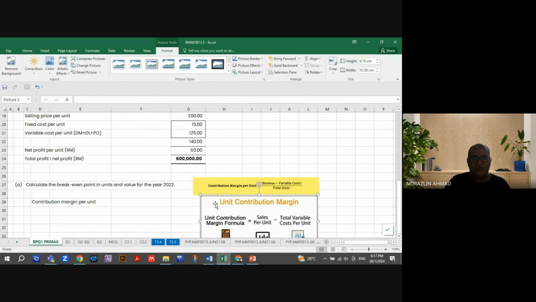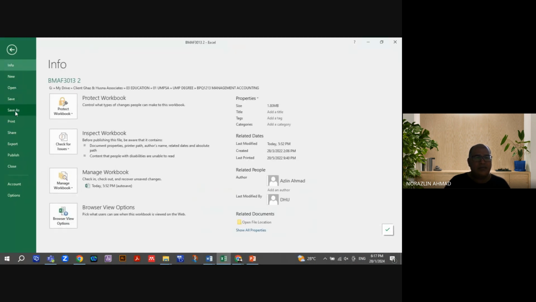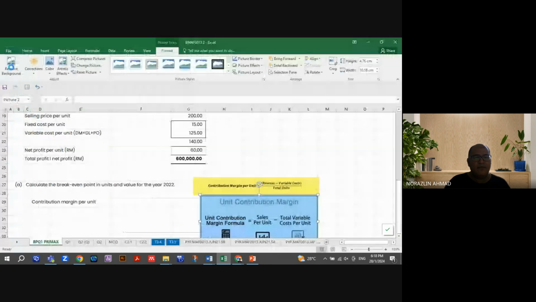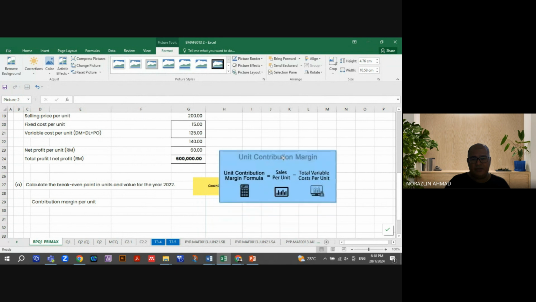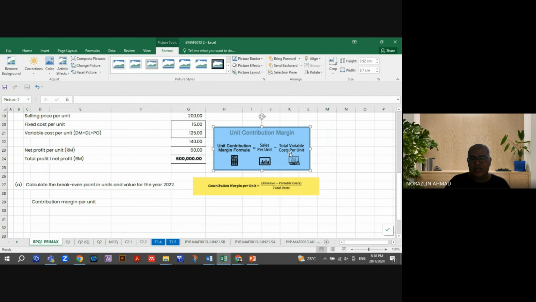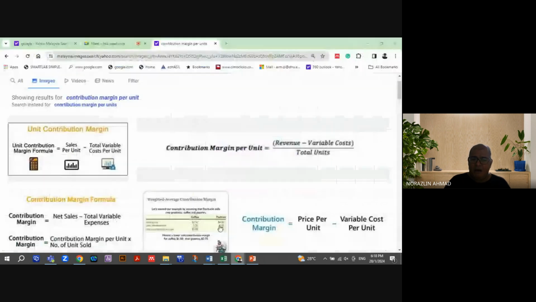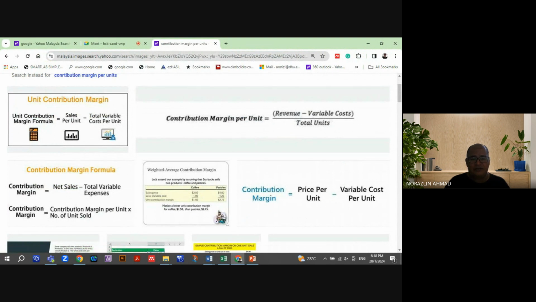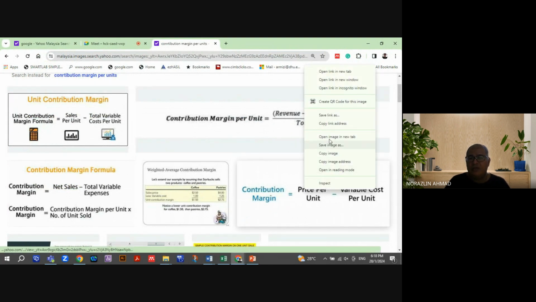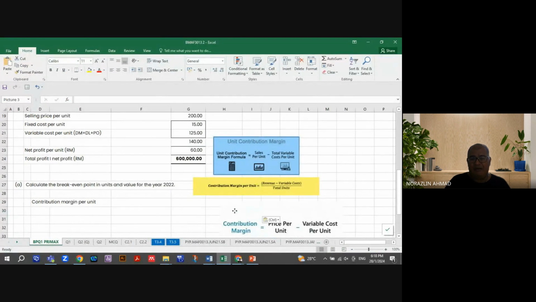Or you can use this one: sale per unit minus total variable cost per unit. This is the formula for contribution margin. Or you can look at the other formula as well. I'll give you these three.